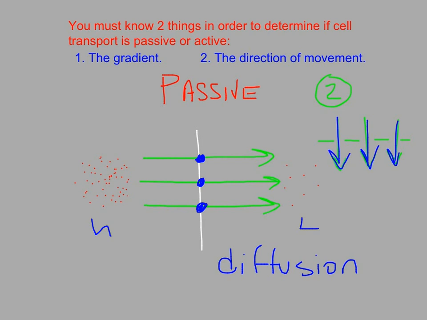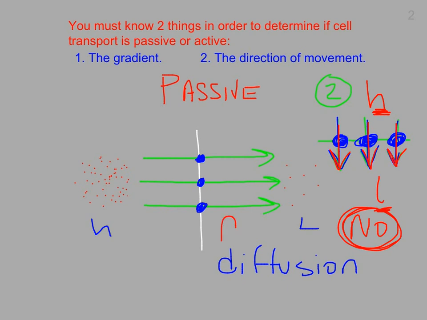So along the microscopic pores of the cell membrane, there's going to be little doors that swing open to help these things go through here faster. But remember, it's still pushed by the high concentration behind it going to low, so it still requires no energy whatsoever. And again, that is called facilitated diffusion.